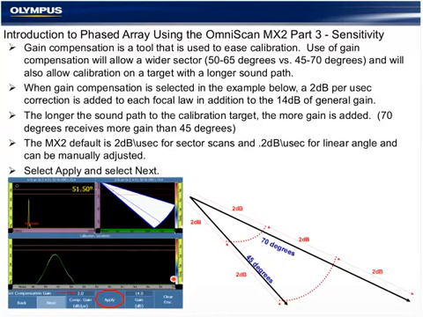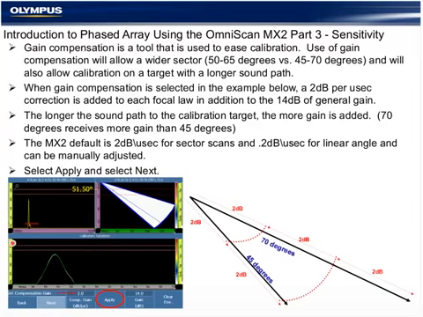If I use a large side drilled hole, it's going to affect my ability to do that. If I use a side drilled hole at a very long time of flight, the difference between the 45 and 70 is very great. And again, from slightly below 100% to approximately 10% gives us about a 20 dB range that the first focal law and last focal law cannot exceed.